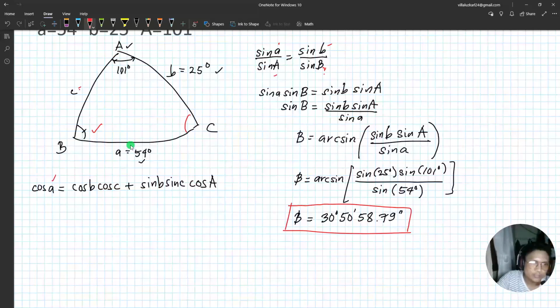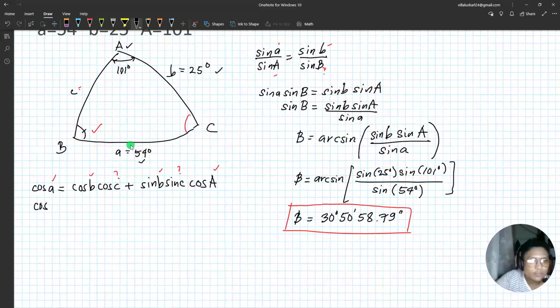A is given, check. B is given, C is unknown, and A is given. Therefore, we have one variable that is unknown, so we can compute side C. So substitute now.